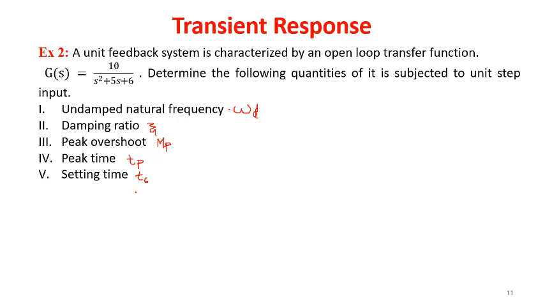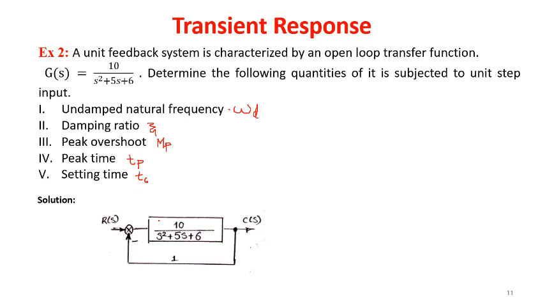Let's do it. Here we have the block representation for this one. The forward block here is 10 by s square plus 5s plus 6. It is a unit feedback system, so the feedback is 1. It is a closed loop system, so it is going to have a minus.